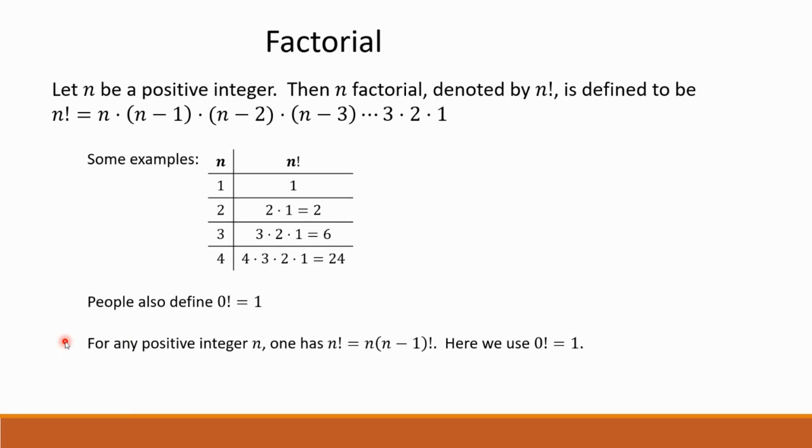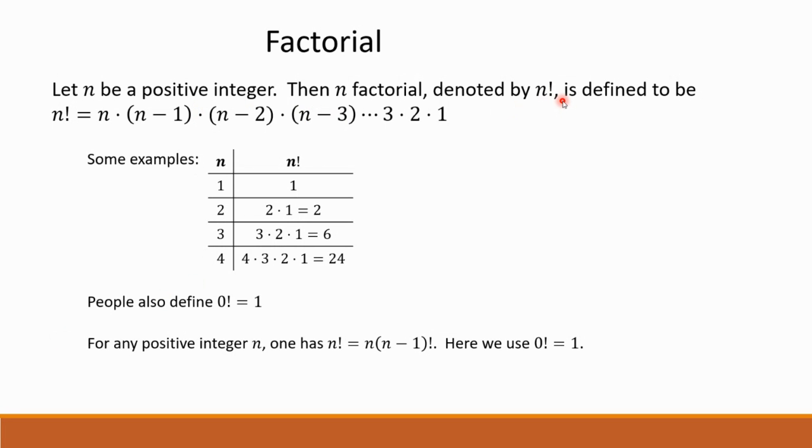Namely, if you let n be any positive integer, then n factorial, by definition, is denoted by n and an exclamation point.